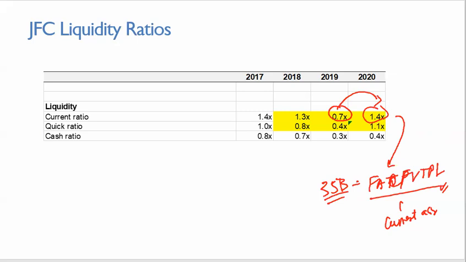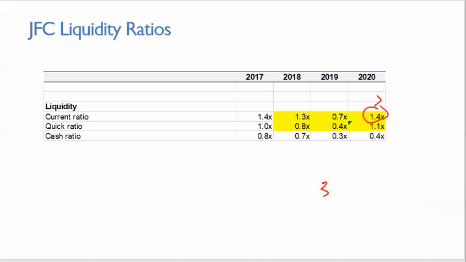So actually, kahit wala pang pandemic, mukhang plano na nilang mag-increase ng funding. Kasi yung current ratio nila, 0.7 na lang. So they need to raise cash, because their current assets is less than their current liabilities. So mukhang 2019 pa lang, plano na talaga nilang mag-increase ng funding.